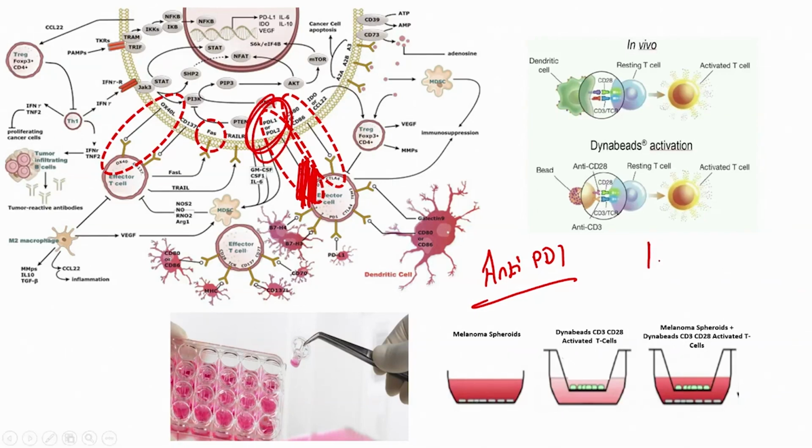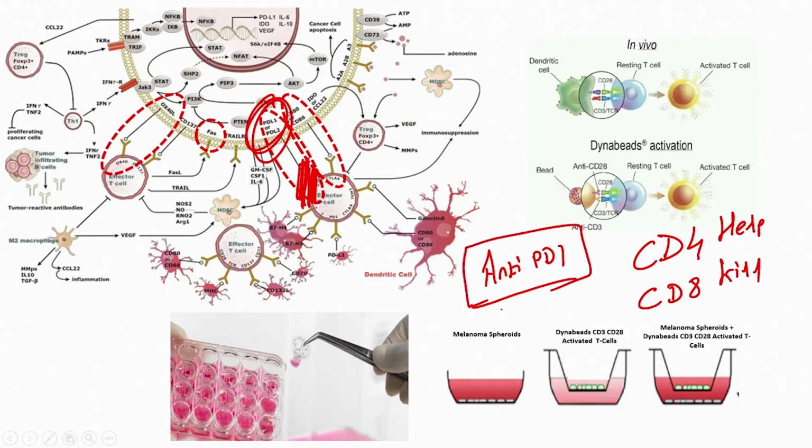What will happen to CD4? T cell is CD4, T cell is CD8, right. What will happen to the CD4 CD8 ratio? If I use anti-PD1, if I block PD1 on the T cell, what will happen to the CD4 CD8 ratio? So, we have to study this particular property using our device.